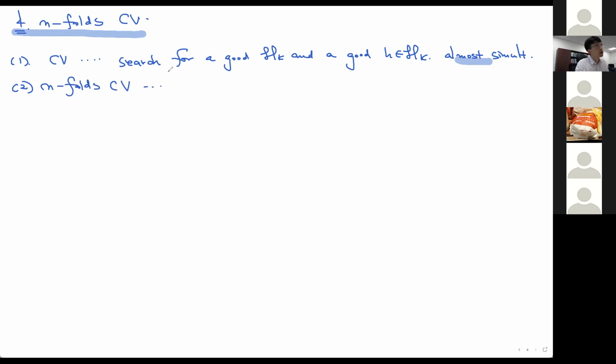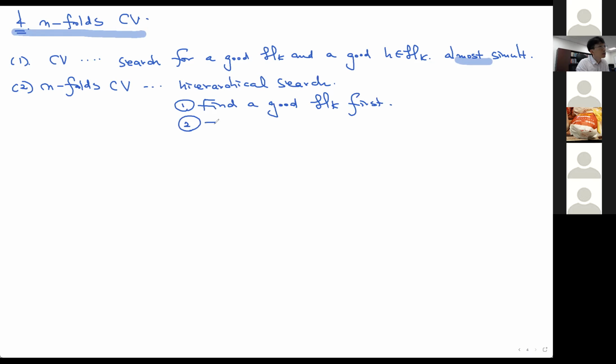Now, n-fold cross-validation is really a two-level search. It's a hierarchical search. So we first find a good HK first, and then find a good hypothesis H in HK.